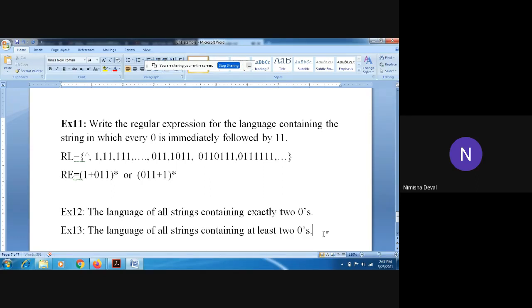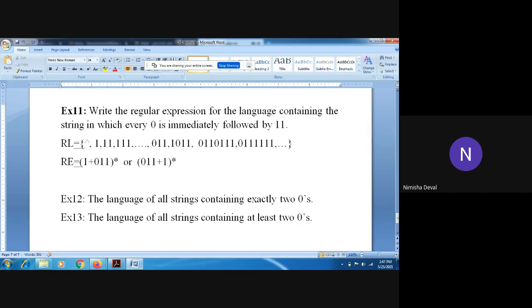Try to solve it. If you have solved it, well and good. Otherwise, I will explain in the next lecture. Apart from this, in the next lecture we will see how to write the regular language from the given regular expressions.